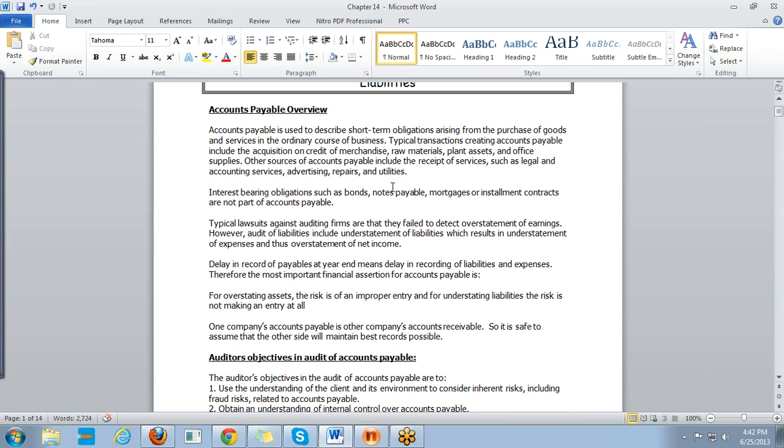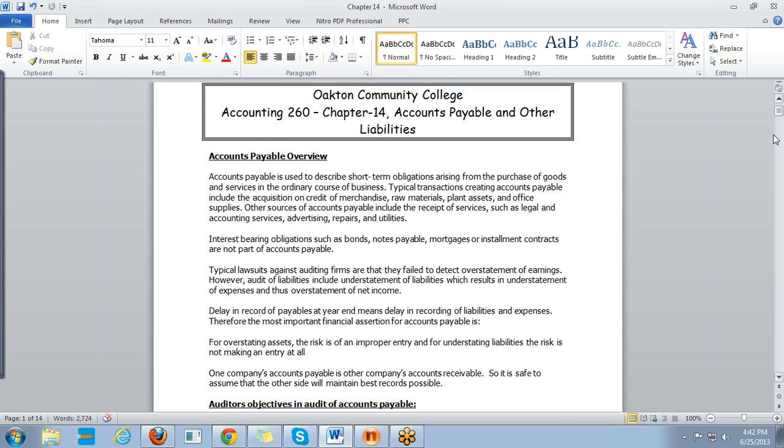As we finish assets and get into liabilities, the objective is not overstatement. Now it is understatement, because think about it. Debit expense, credit accounts payable.